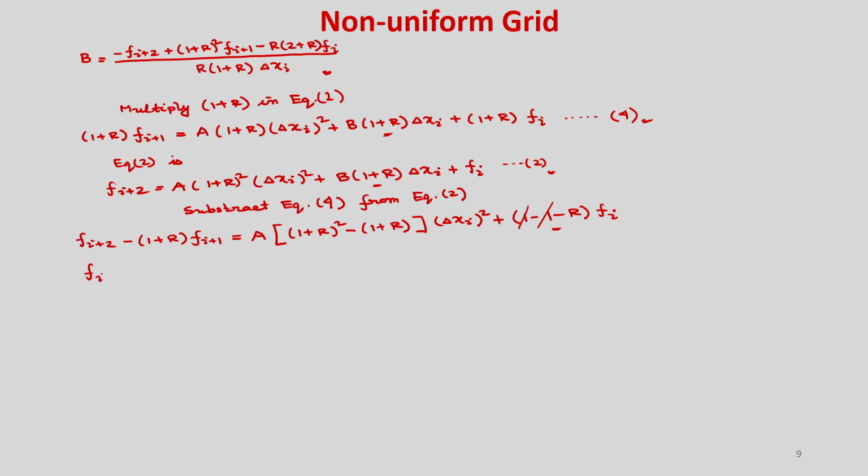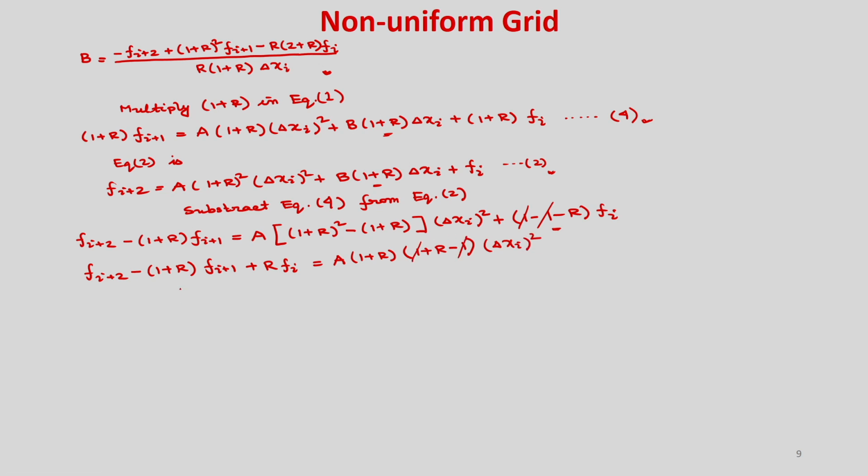So, you will get f(i+2) minus (1 plus r) f(i+1). If you take it in the left hand side, it will be plus r fi, and in the right hand side now you have a (1 plus r), if you take common, then you have (1 plus r minus 1), okay, into delta xi square. So, this 1 you cancel.